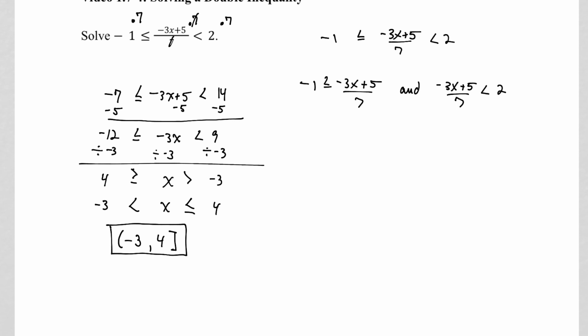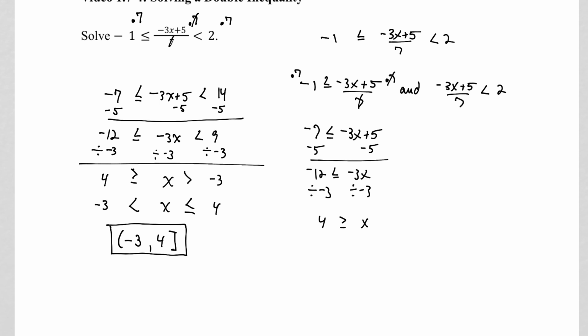So we could multiply both sides by 7 over here on the left. This becomes negative 7. Subtract 5 on both sides, we get our negative 12. Divide both sides by negative 3, we get our 4. We got to flip the inequality around.